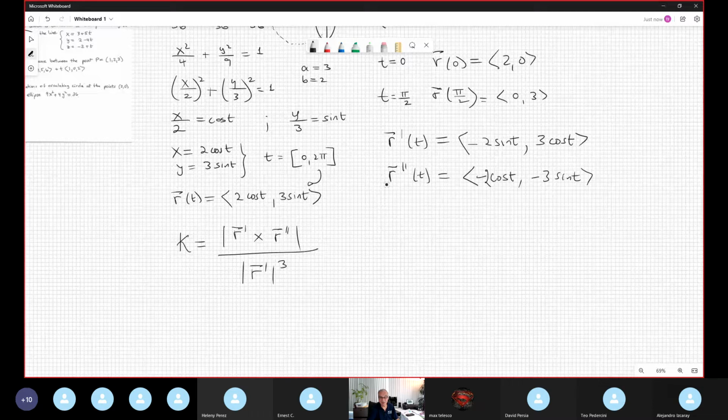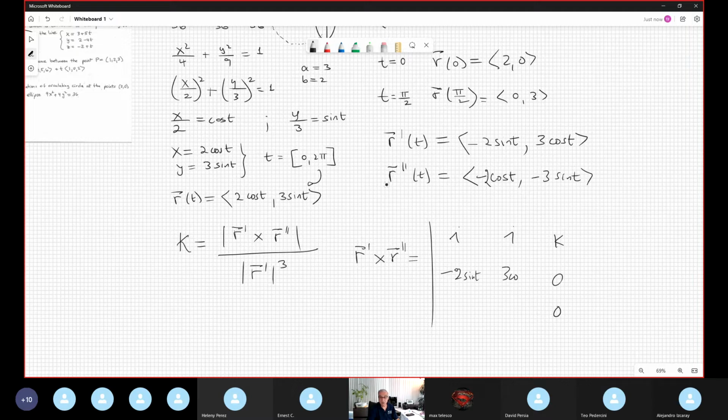Okay, and this is easy because it's a two-dimensional problem. When you find the cross product, actually we have i j k, but the component of k is 0. We have no component of k because it's a 2D problem. It's minus 2 sine t, 3 cosine t, minus 2 cosine t, minus 3 sine t.